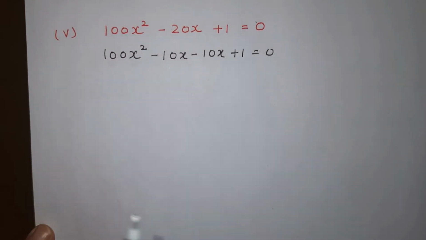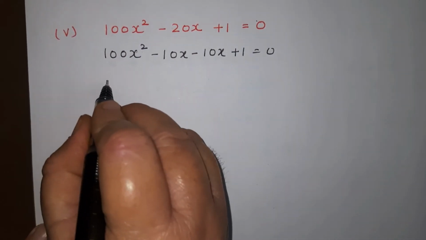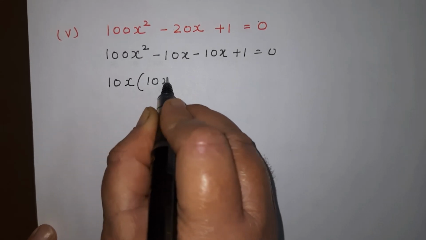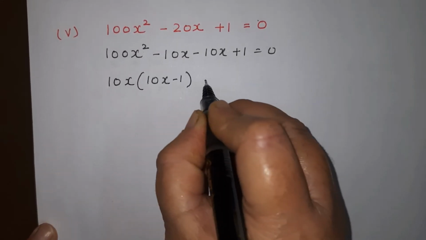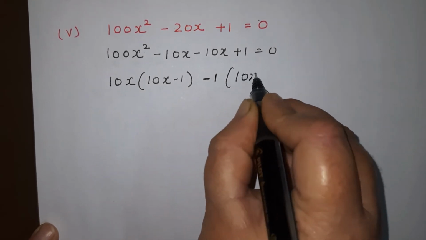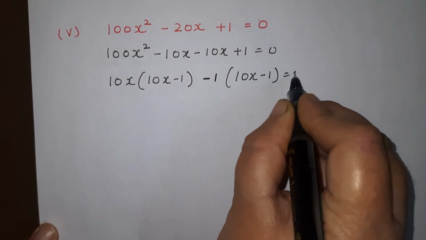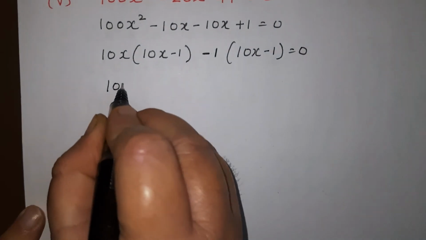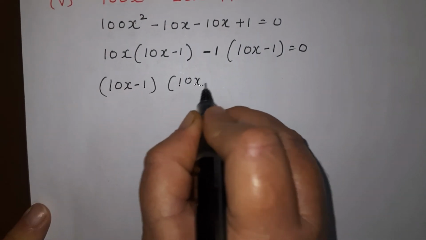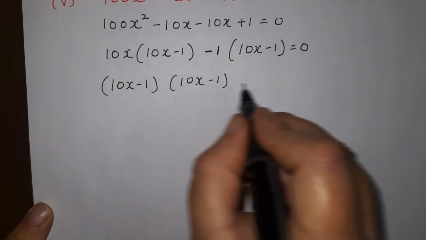We need 100 here. So see, we have 10x common, so 10x - 1 is left. From here -1 is common, so 10x - 1 is left. So 10x - 1 is common.